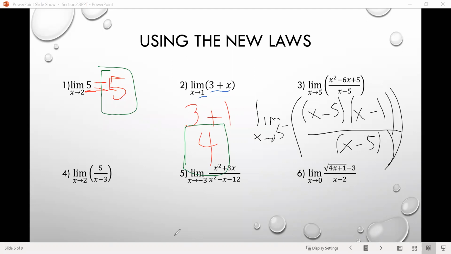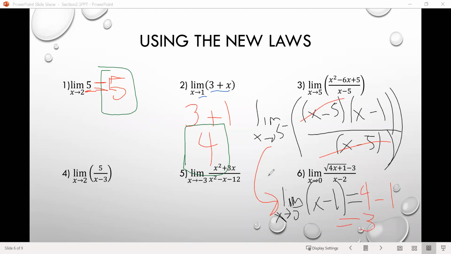And notice once we do that, we have x minus 5 on the top and x minus 5 on the bottom. They can cancel. So our limit will now become the limit as x approaches 5 of just x minus 1, which we know 5 is in the domain of that function, so we can just plug it in, and we'll end up with 5 minus 1, which will just give us 4. So that limit for number 3 is just equal to 4.